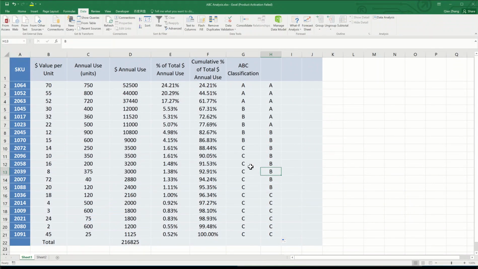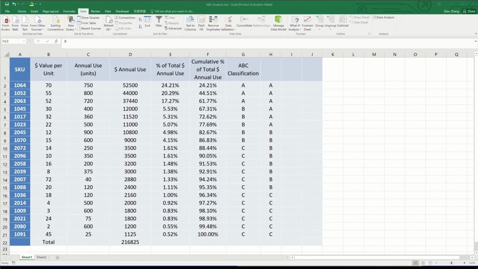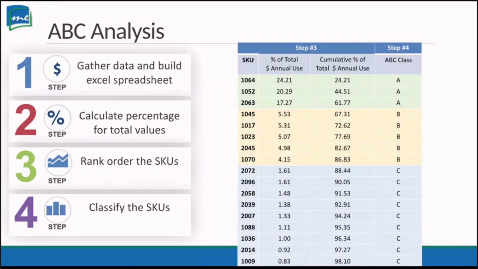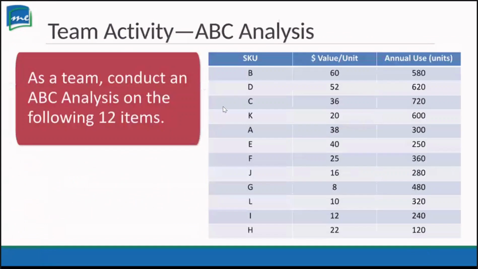So this is about the SKUs. And in the textbook, except for these examples, it also has a team activity.